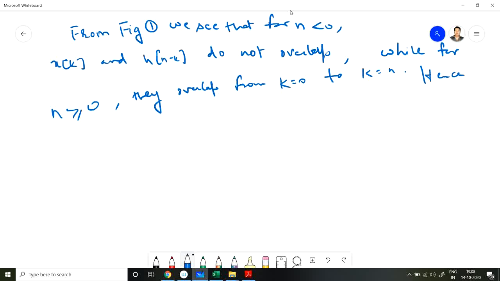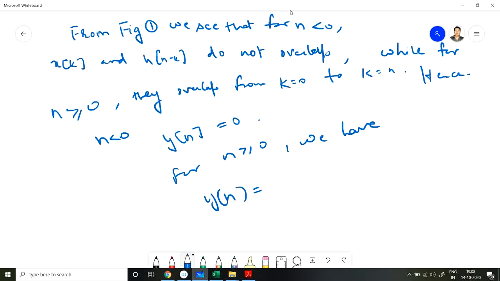Hence for n less than 0, y[n] is equal to 0, and for n greater than or equal to 0 we have y[n] is equal to summation k equals 0 to n alpha to the power n minus k.